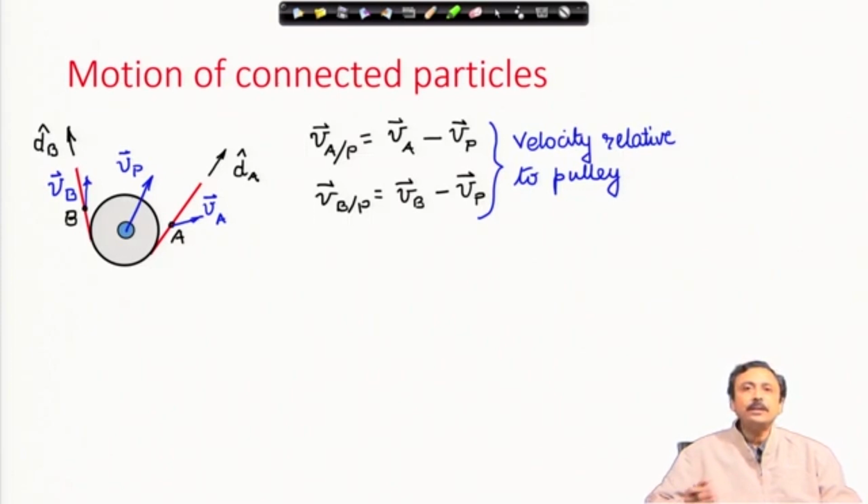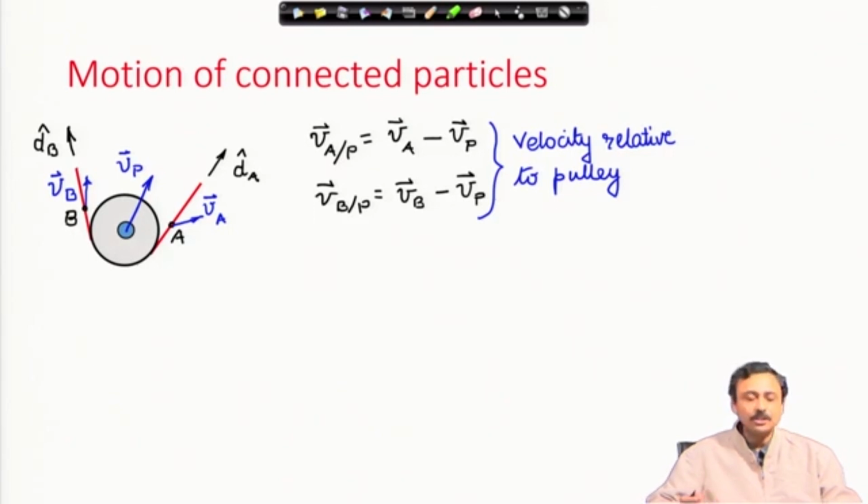Now, I start looking at the relative velocity. Velocity of point A relative to the pulley is VA minus VP, this is the expression we have derived. So, velocity of A relative to P is velocity of point A minus velocity of pulley center VP. Similarly, velocity of B relative to the pulley is equal to VB minus V pulley.